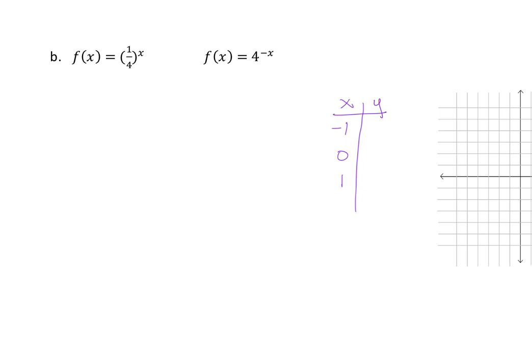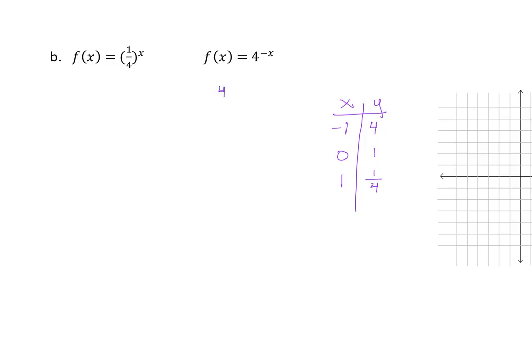All right. Again, anything raised to the 0 power is 1. Anything raised to the first power is itself. And anything raised to the -1 is the reciprocal. And I was going based off 1/4 to the x, but same thing if you plug it into 4 to the -x.